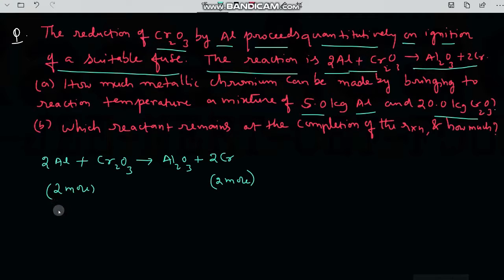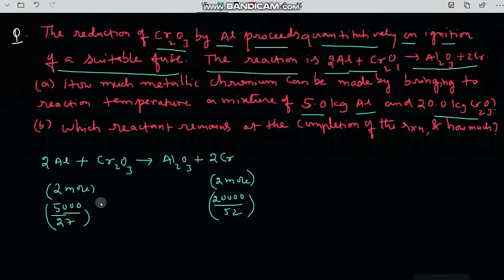We have to find the number of moles of aluminum. This is 5000 by 27, the number of moles of aluminum, and 20,000 divided by 52 is the number of moles of chromium.